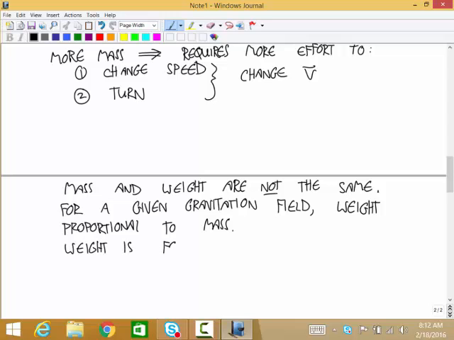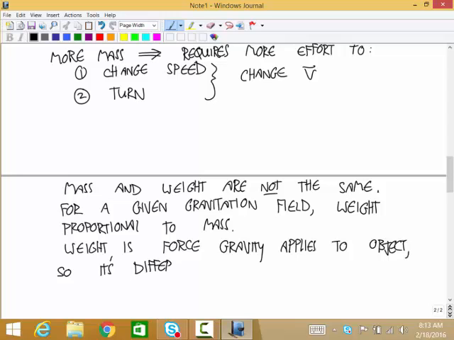Weight is the force gravity applies to an object. So it's different for different gravitational strengths.